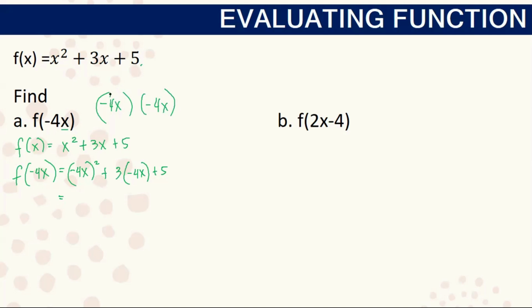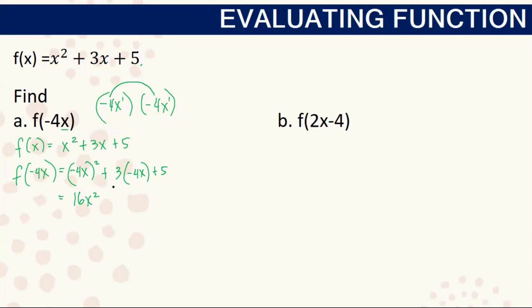So multiply negative 4 by negative 4, it's positive 16. Parehas naman sila ng sign. So we have positive 16. Then x times x, apply the laws of exponent. x times x, we get x raised to 2 because we simply add the two exponents.